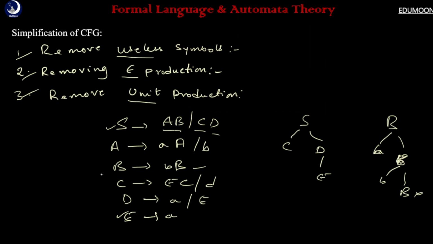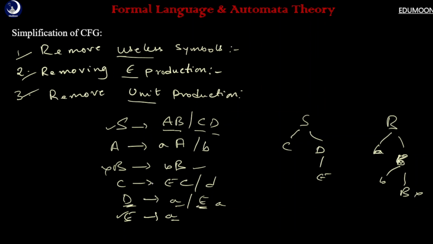There are no epsilon productions in this given grammar. Finally we eliminate the unit production. We had one unit production here, E, so you can directly substitute the value, D equal to this one, which is already present for D equal to A. So you can simply eliminate the E productions also, because it is a unit production.